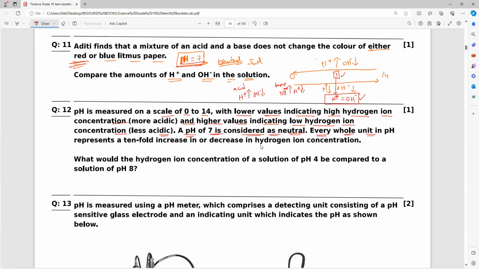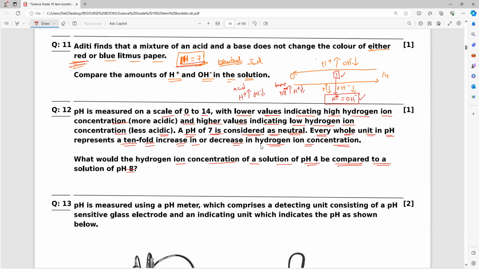Every whole unit in pH represents a tenfold increase or decrease in hydrogen ion concentration. Tenfold means from one pH value to another, it increases 10 times. Now, what would be the hydrogen ion concentration of a solution of pH 4 compared to a solution of pH 8? That is what they are asking.